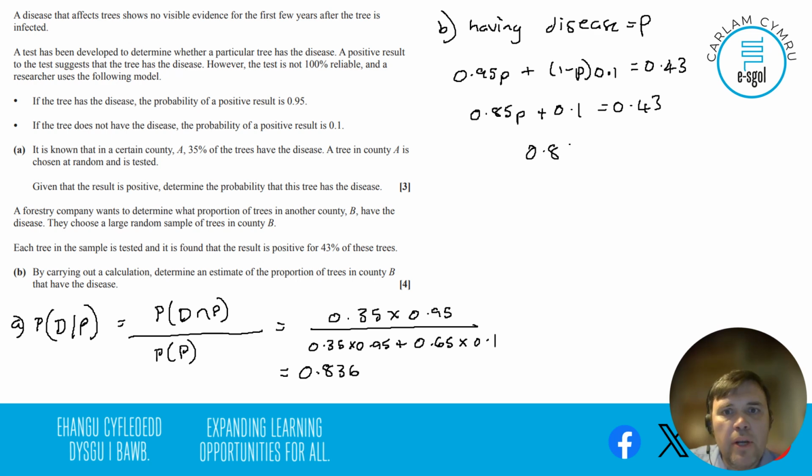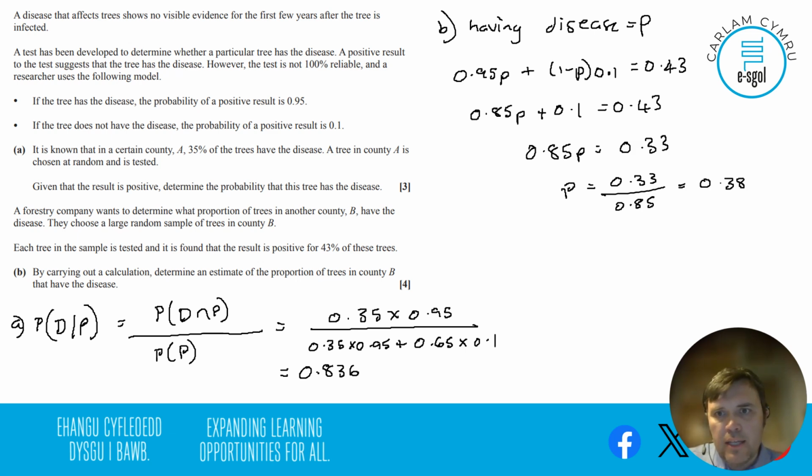Rearranging, so it's 0.85p is equal to 0.33, taking the 0.1 over, and then the proportion of trees in county B having the disease is going to be 0.33 divided by 0.85, which gives a value of 0.388. So we can say that 39% of the trees in county B have the disease.